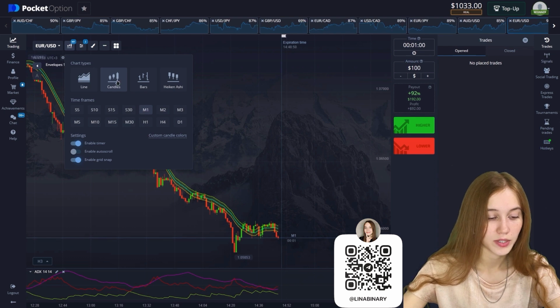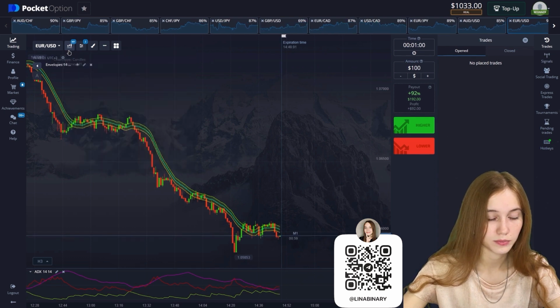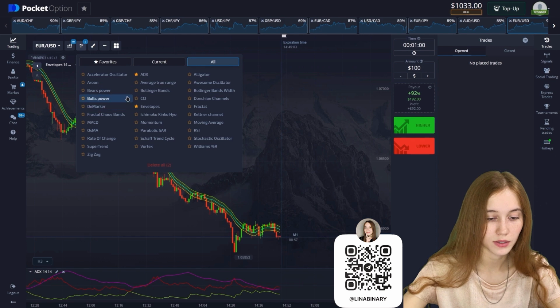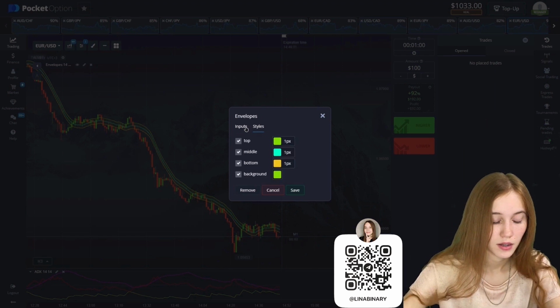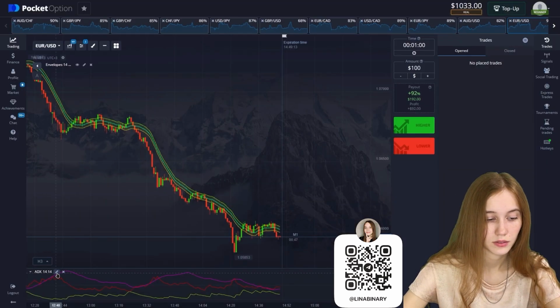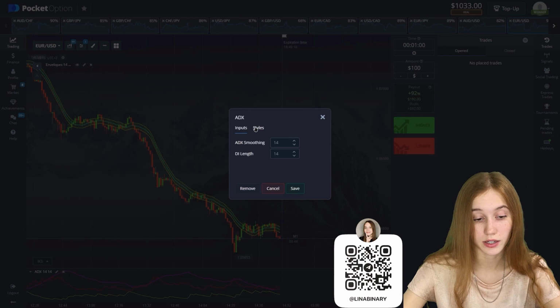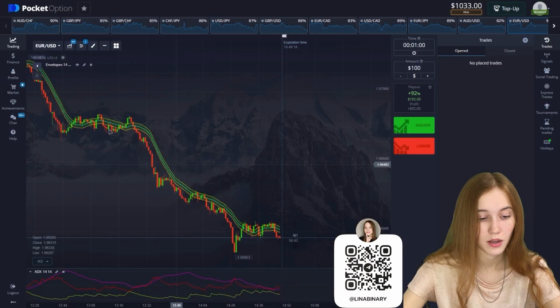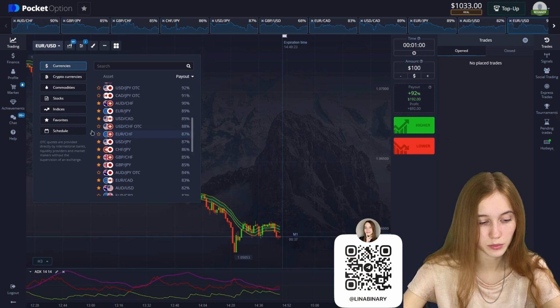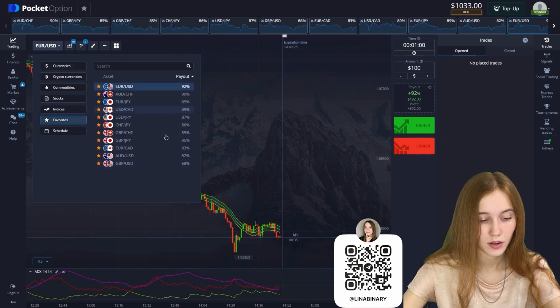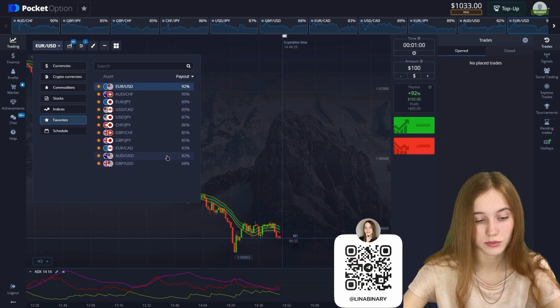So what we see, these indicators' settings, you can copy them, and the settings of the second indicator, ADX. We traded on currency pairs, you can choose them here. On the right is the percentage.